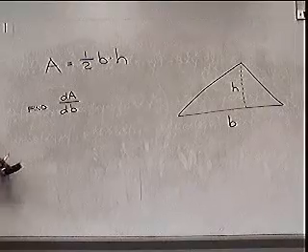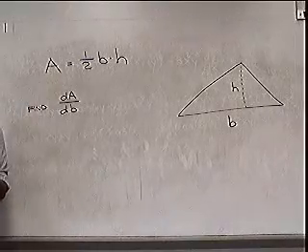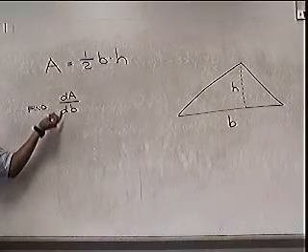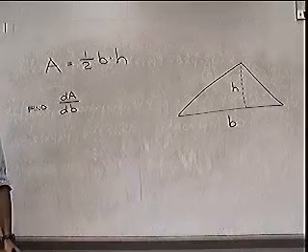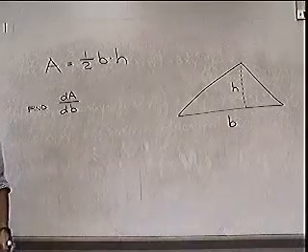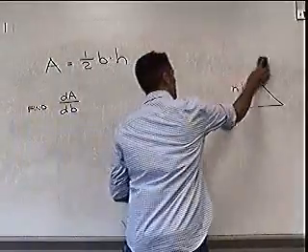But what are you going to do with the A and what are you going to do with the H? Well, the A is going to be treated like it depends on B. And the H will also be treated as if it depends on B also.